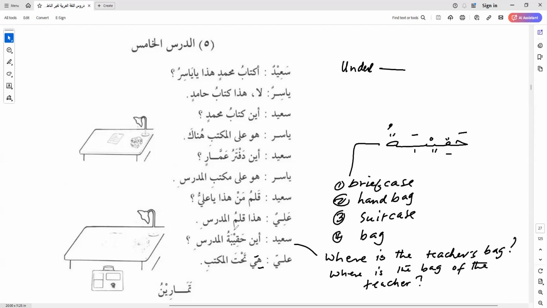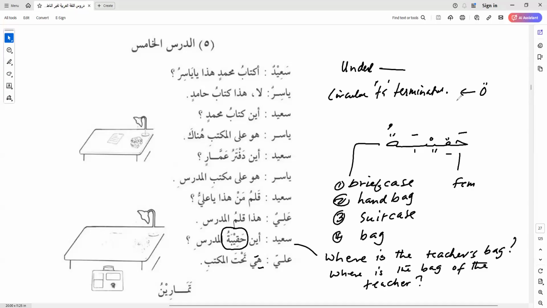Why here? Because the haqiba, by all indication, is a feminine noun. Why? Remember yesterday we said, anytime you see the round ta ending, or terminating a noun, we call it a terminator. It terminates the noun, it ends it.